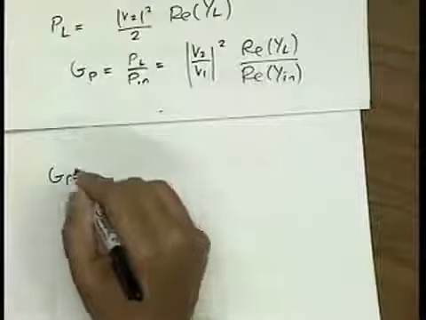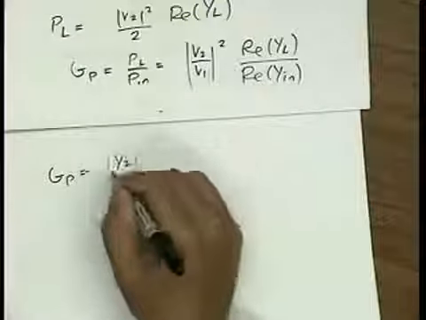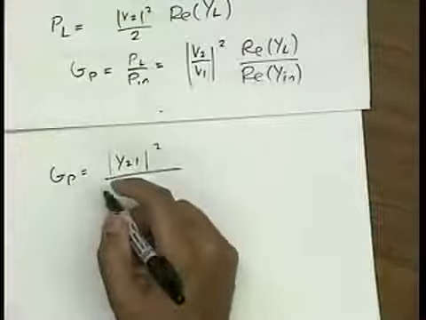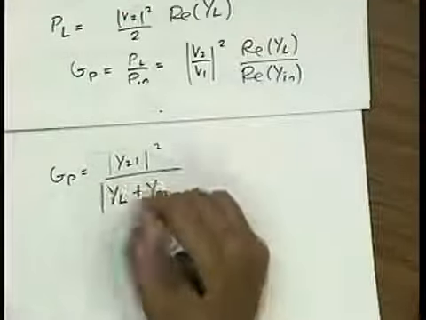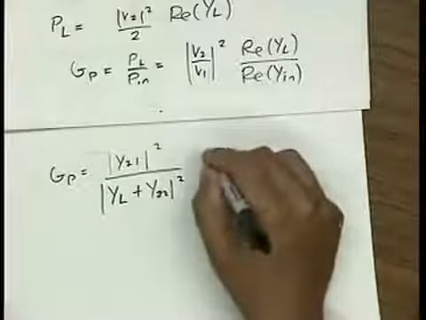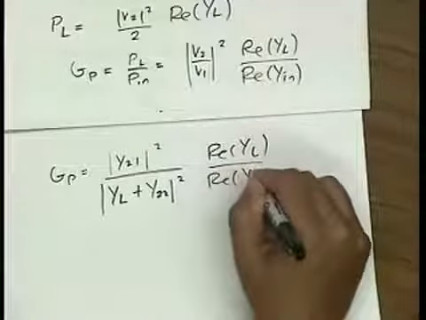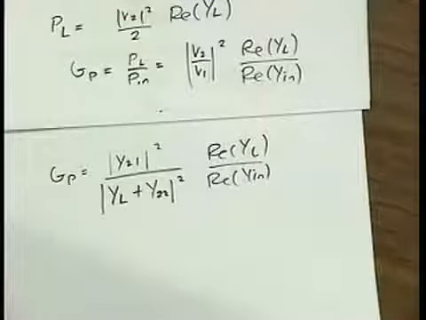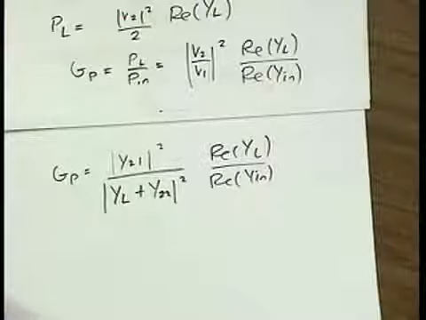If I substitute for the voltage gain, it's the magnitude of the voltage gain squared. Well, I found that the voltage gain was Y21 divided by YL plus Y22, squared, times the real part of YL divided by the real part of Yin. And of course I can now substitute for Yin in terms of the y parameters.